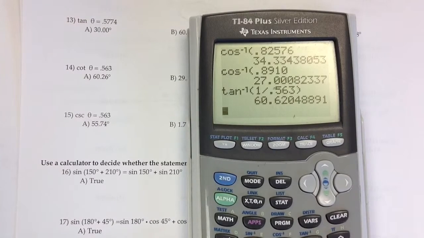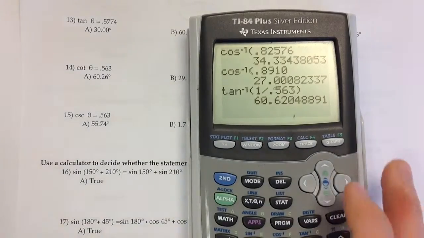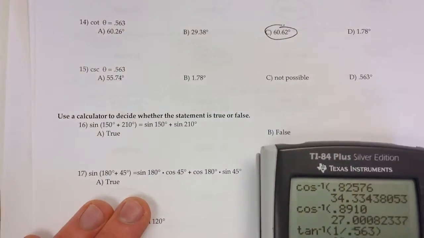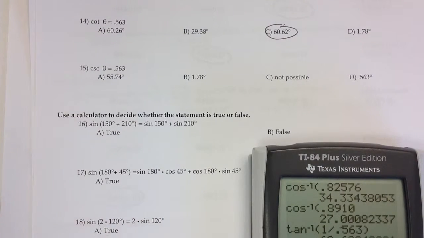And another volunteer for 15? Yes, Dominique. It's not possible. And please tell us why. Could you say it one more time? Actually, it has to be. It can't be in between.